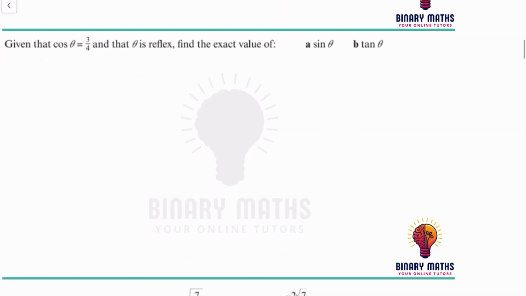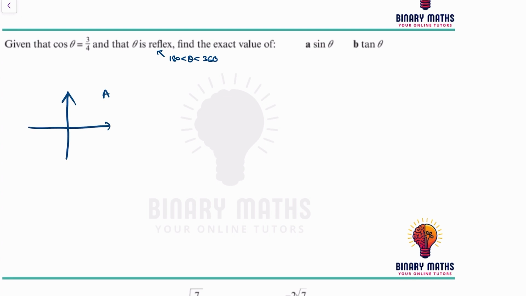Next question. Given that cos theta is equal to 3/4 and theta is reflex, find the exact value of sine theta and tan theta. Now, theta is reflex means it's between 180 and 360. So obviously that means it's either here or here.